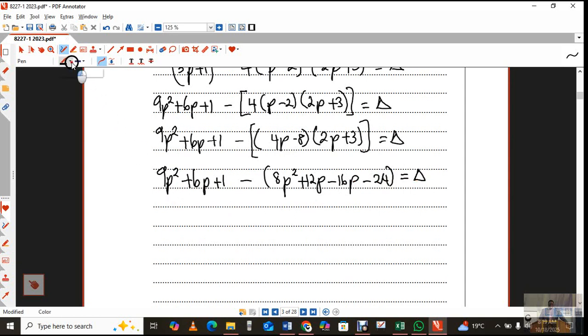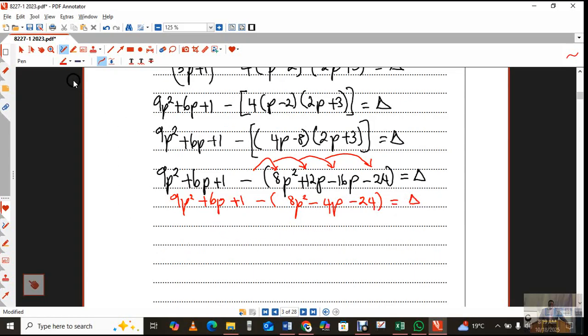Now, of course, you need to know that this negative is going to multiply with each term inside there, right? But before we do that, I'm just going to simplify the 12p minus 16p, and that is minus 4p. This one we're just going to leave as minus 24.